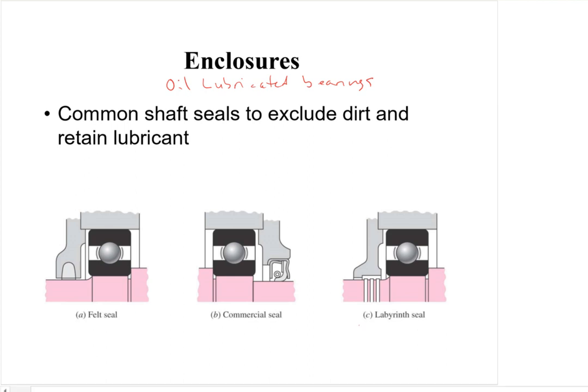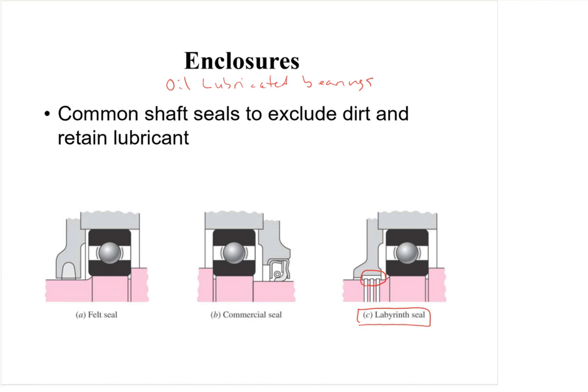The one thing I want to point out here is this labyrinth seal. You really ought to do some independent research on that. These things are pretty neat. They're all over the place in high-speed turbo machinery. They've got grooves on the shaft and or lands, and these little eddy currents in this area here essentially choke the flow. It's a pretty neat fluid dynamics phenomenon.